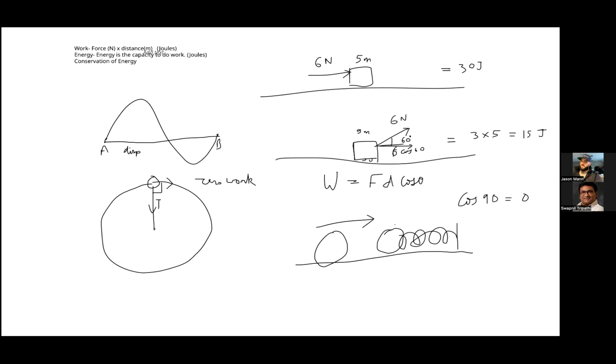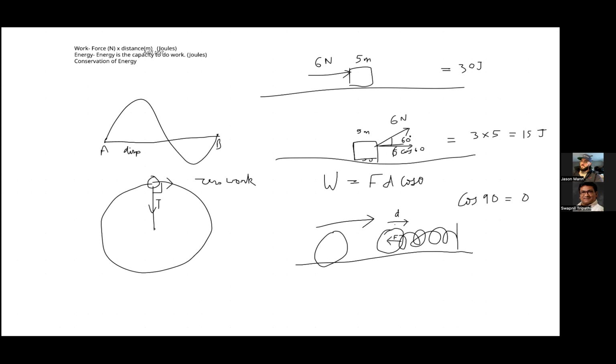If you think about this, the spring will apply a force in this direction, whereas for some initial time, the ball will keep moving to the right until it comes to a stop, right?